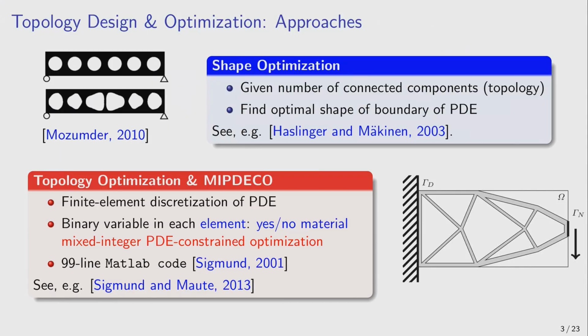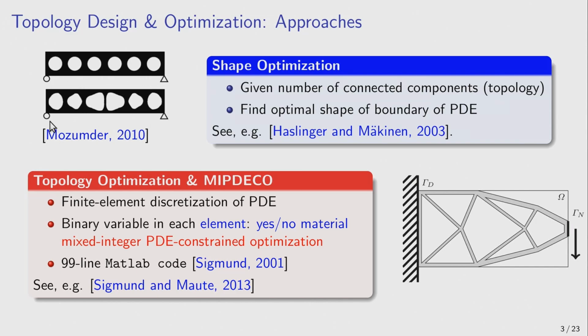So the problem I'm looking at here, the one that motivates me, is topology design and optimization. And there are two approaches for doing topology optimization or shape optimization for designing shapes. One is shape optimization, which I won't talk about here, where you're given an object with a certain number of holes.